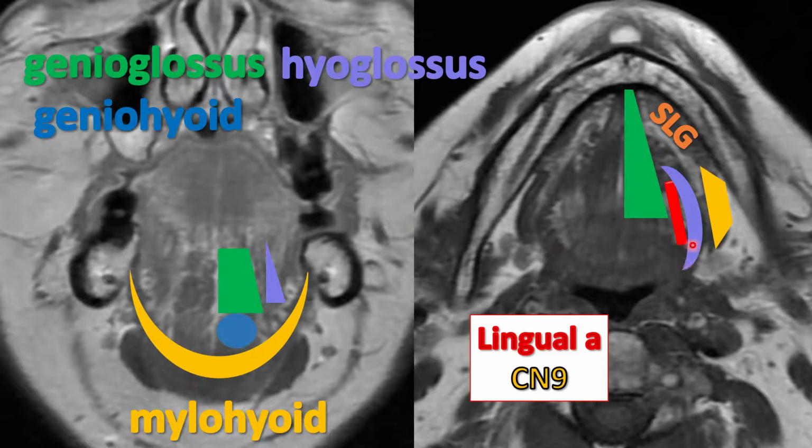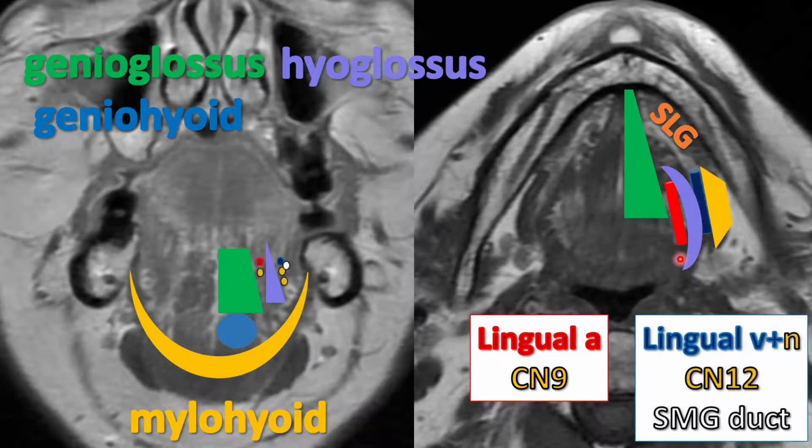Lateral to this, now remember it's a sensory supply, lateral to this, we have the lingual vein and the lingual nerve. And of course, that's the mandibular division of the trigeminal nerve, which we know as V3, as well as the hypoglossal nerve, which is supplying the muscles of the body of the tongue.